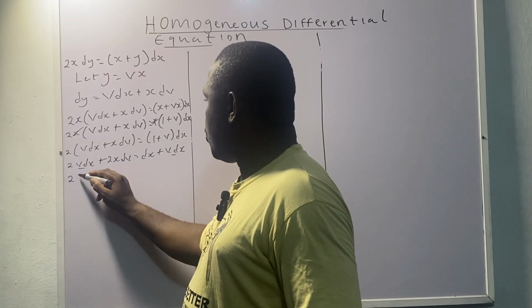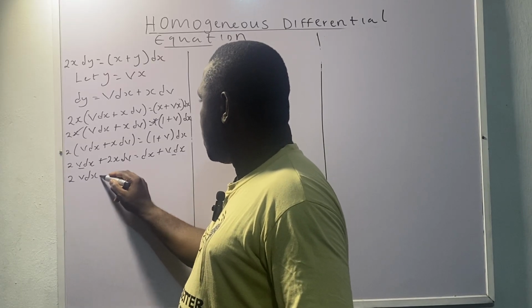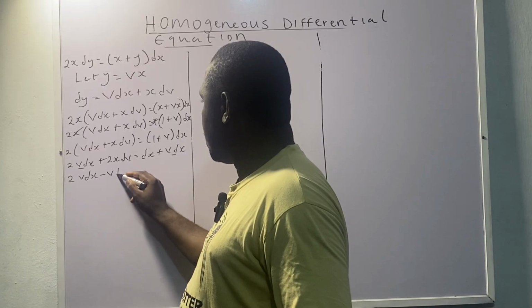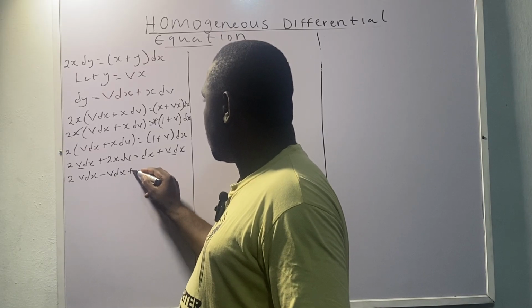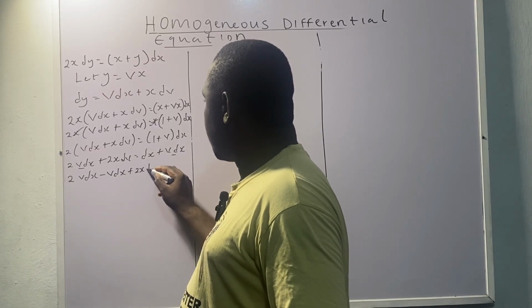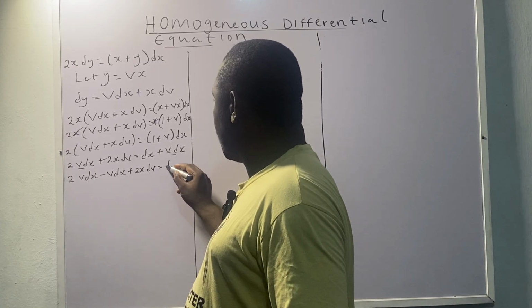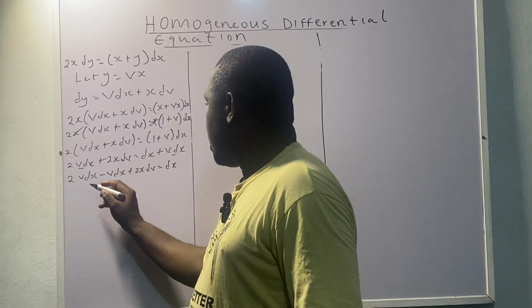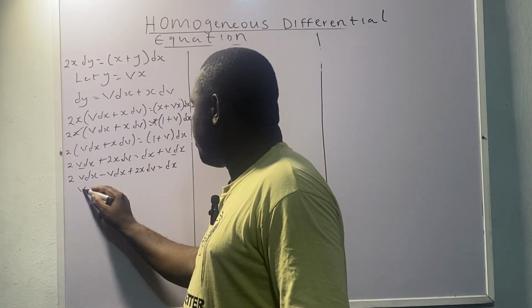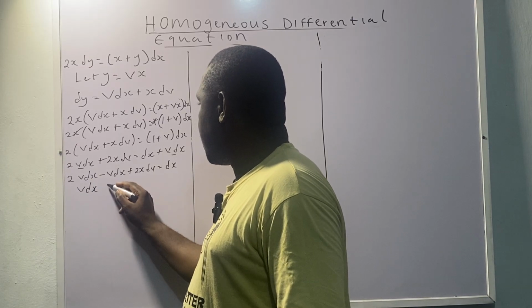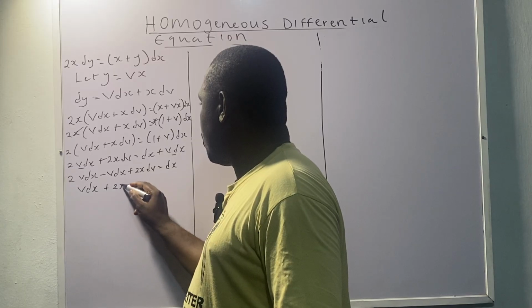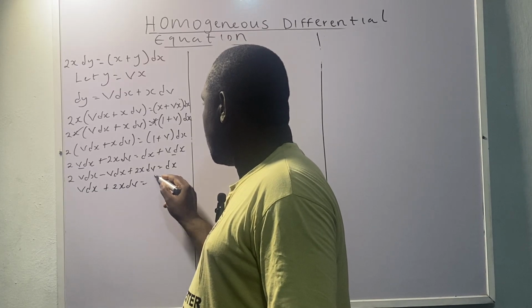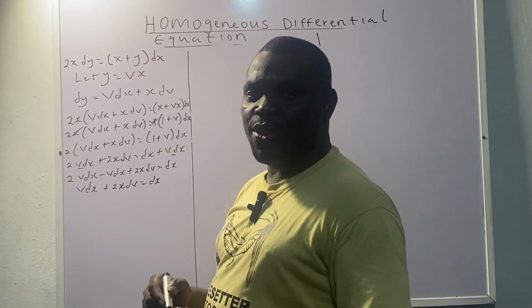So we can collect like terms. We have 2v dx minus v dx plus 2x dv equals dx. So from here, I can have v dx plus 2x dv equals dx. I'm sure you're following.